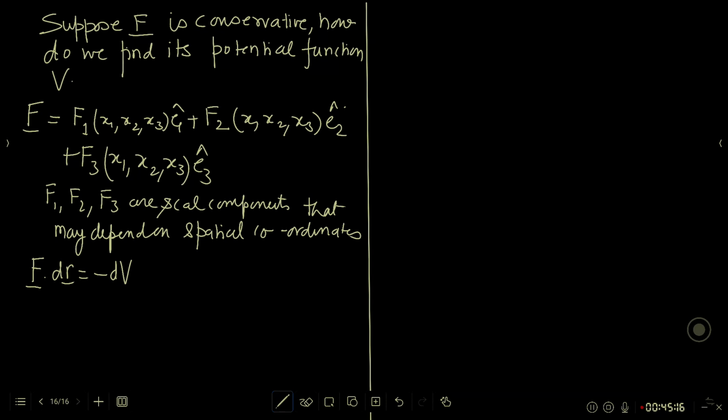What is dr? dr is a small change in the position of the particle on which F is acting.